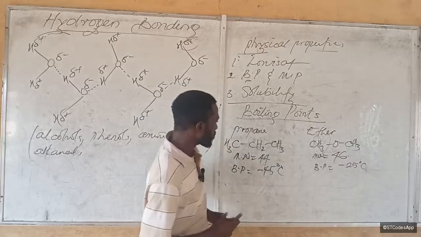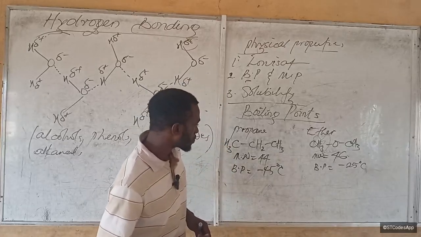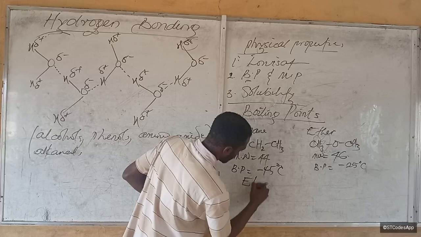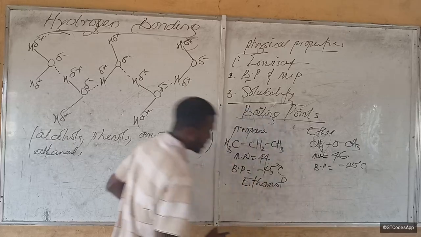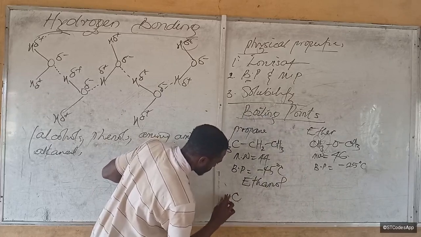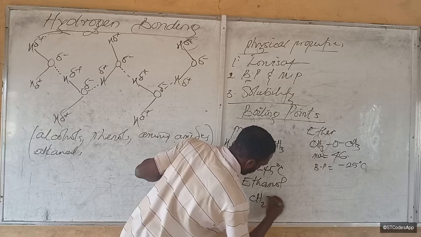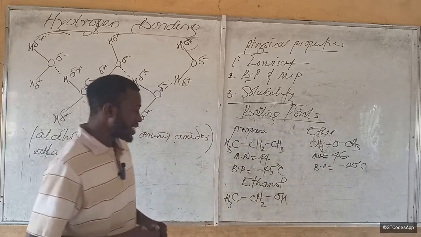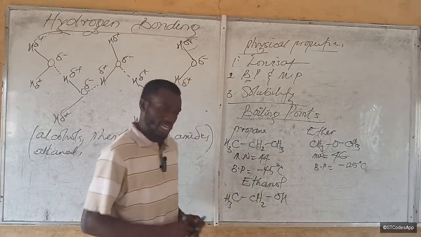But let's compare that to something like ethanol. Ethanol is CH3CH2OH. Now let's compare this with methoxymethane. What's the molecular weight?